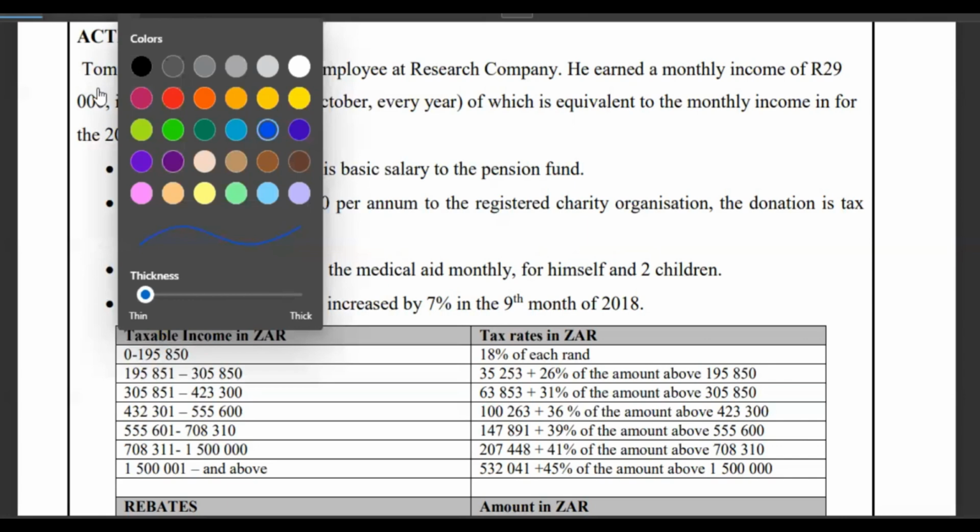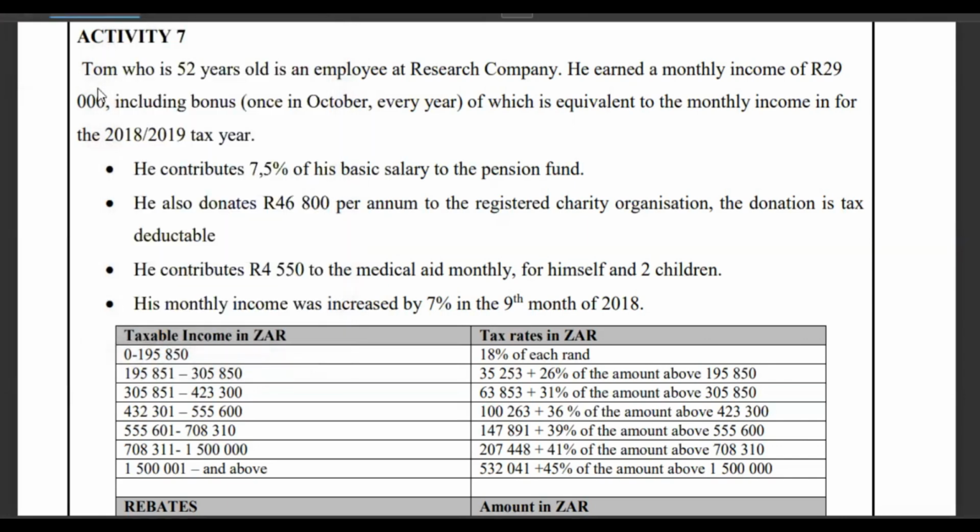One, we see pension is here, 7.5% of the basic salary. Then we have something new, which is including bonus. Remember, we don't pay pension on the bonus.